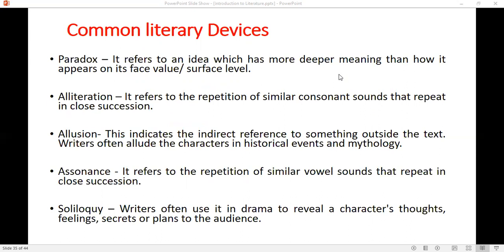Alliteration and assonance are the sound effects in a literary work. You can read the notes here to understand the meaning of these terms.